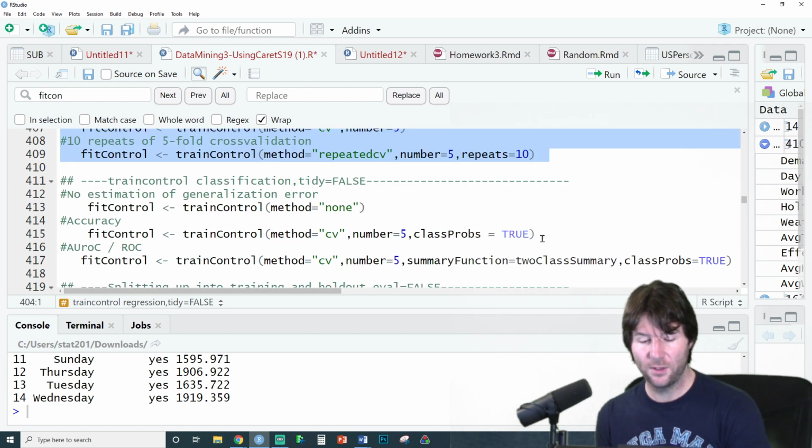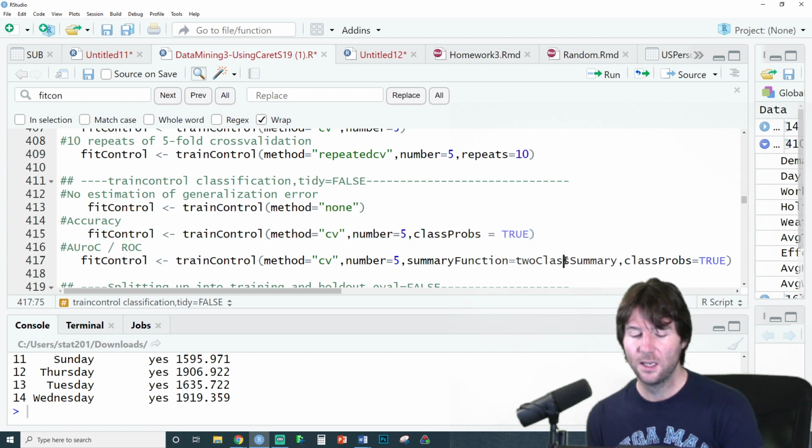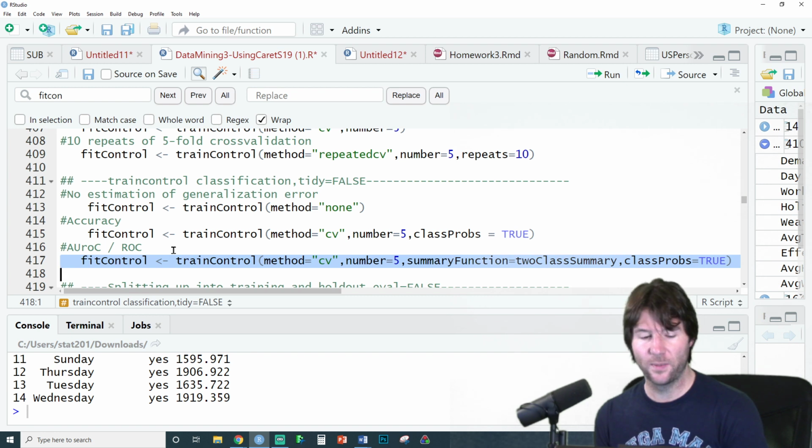If you're doing quantitative, you don't want to do the following because this fits to accuracy, and accuracy is a measure for categorical variables. If you're doing quantitative, you don't want to do this because this is a measure of ROC, AUC. And once again, these are the same thing.